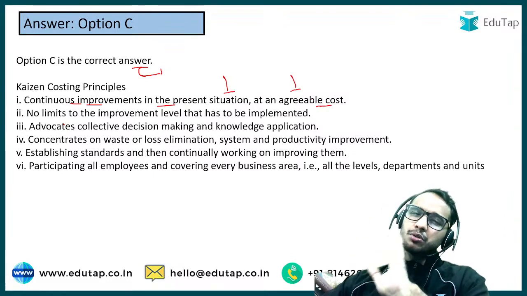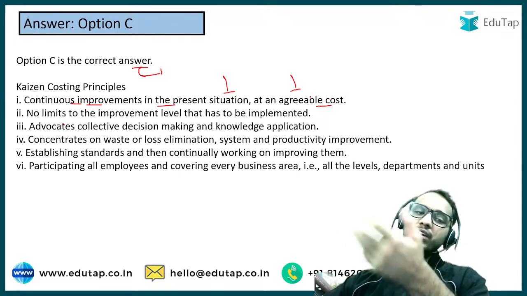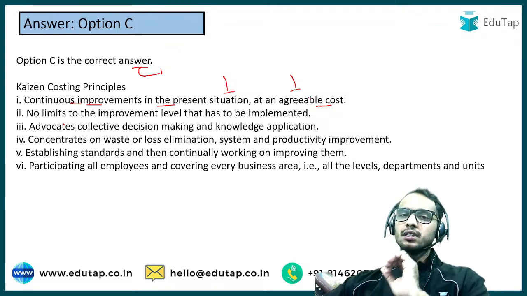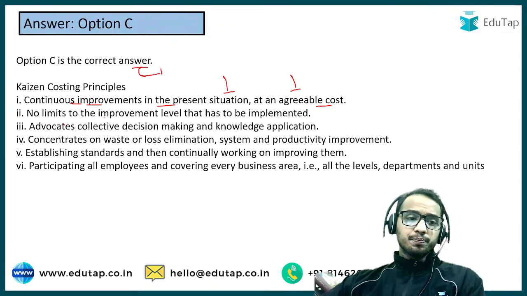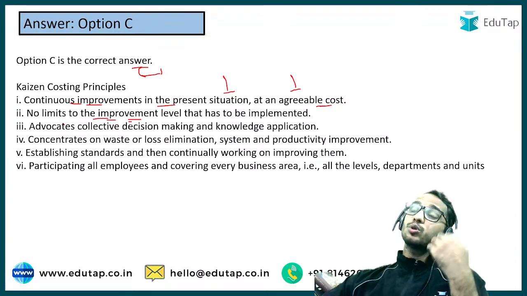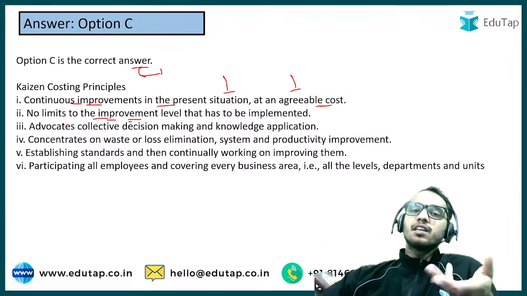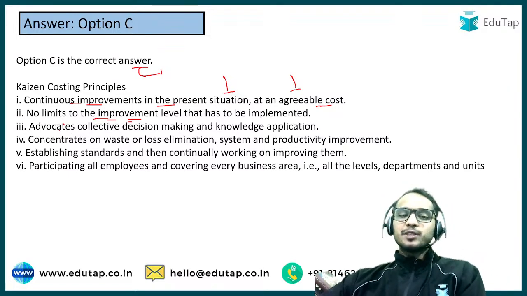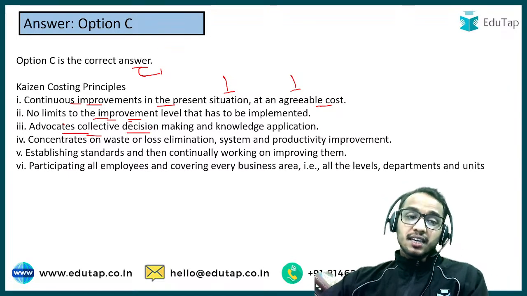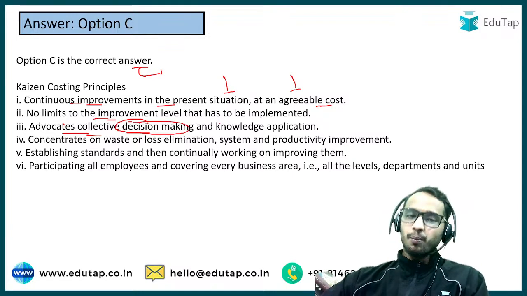So when you read the word Kaizen costing, just connect it with continuous improvement. Second, no limits to the improvement. So you are continuously improving, so obviously there will be no limit for the improvement that has to be implemented. Third principle says it advocates collective decision making and knowledge application.